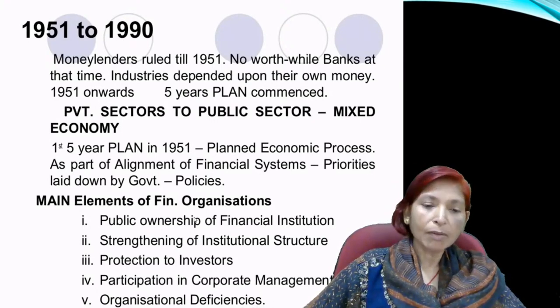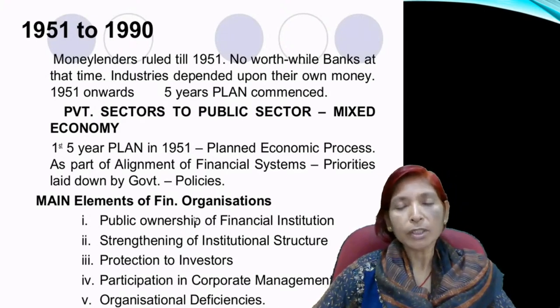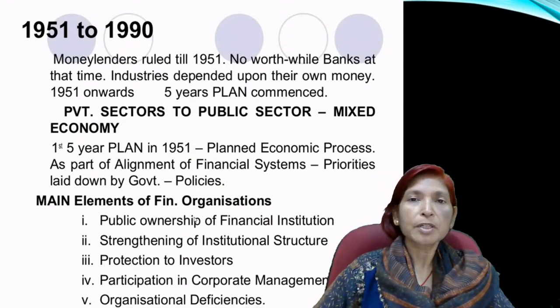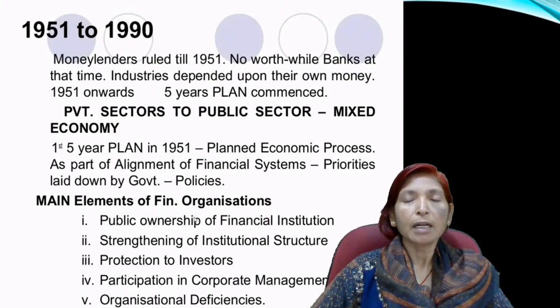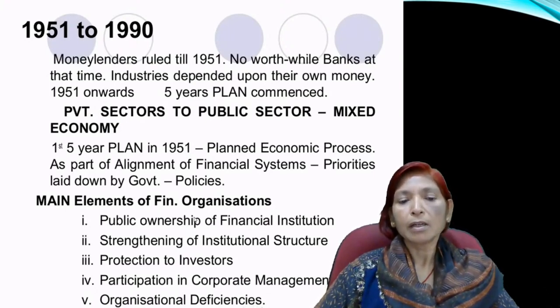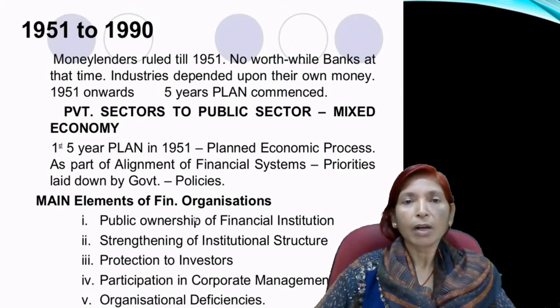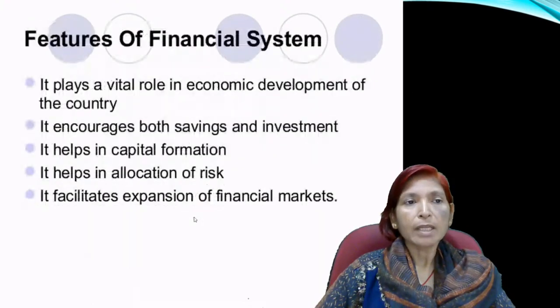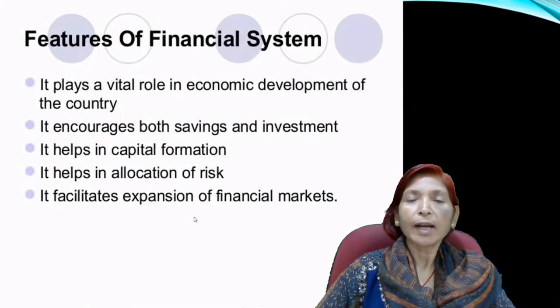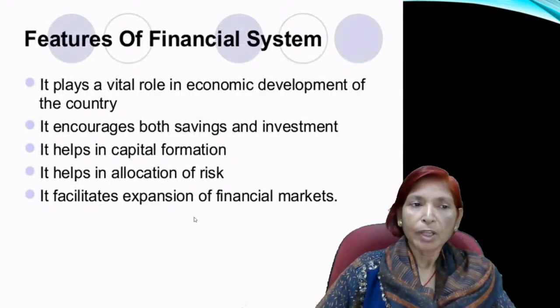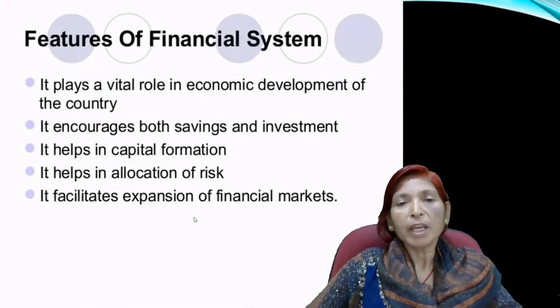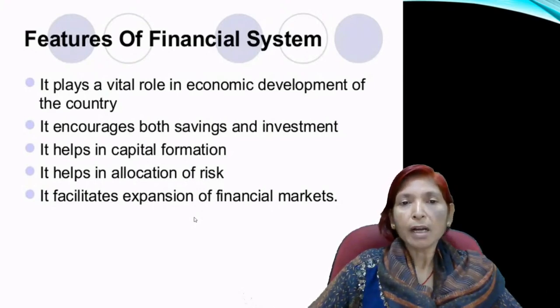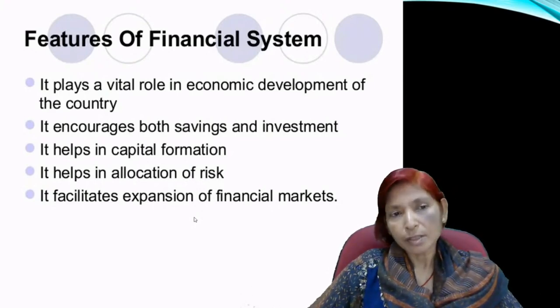And strengthening of institutional structure, protection to investors, participation in corporate management and organizational deficiencies, all these things are included in financial organization. Now, next is features of the financial system. It means what are the main features of India's financial system.